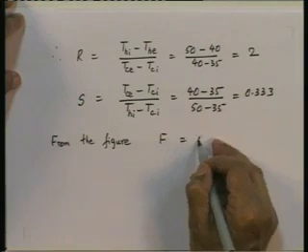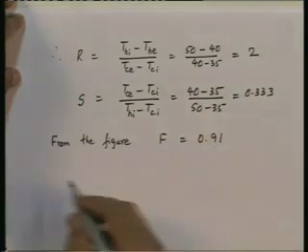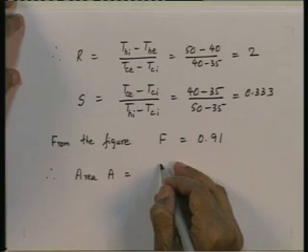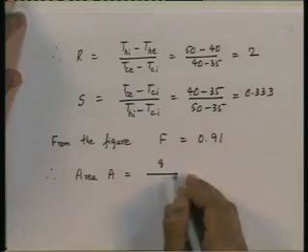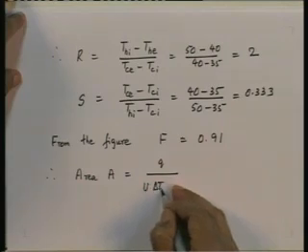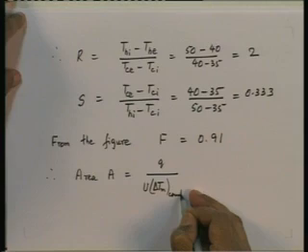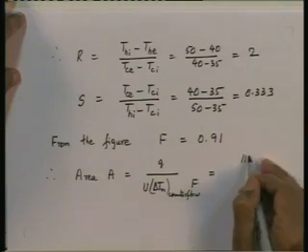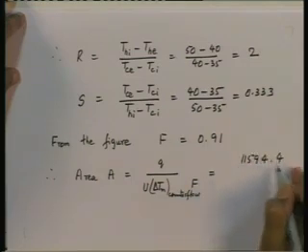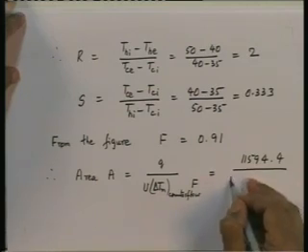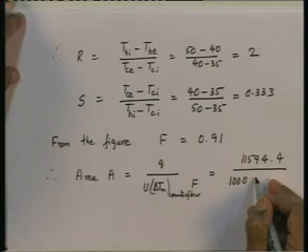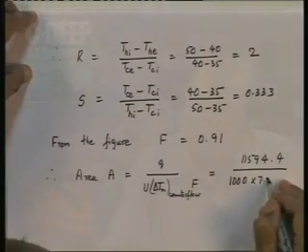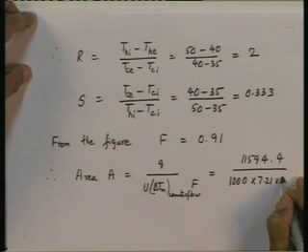F is equal to 0.91. Therefore, now last step, area A is equal to Q divided by U delta T m counterflow into F. So, it is equal to 11594.4 divided by the value of U, which is 1000, the value of delta T m in counterflow, which is 7.21, and the value of F, which is 0.91.